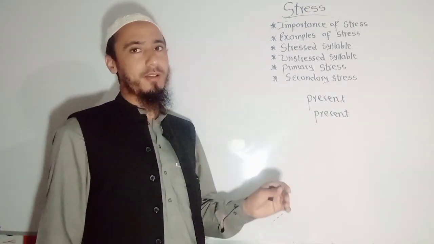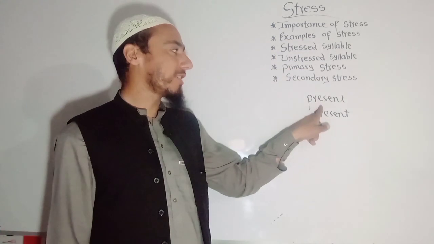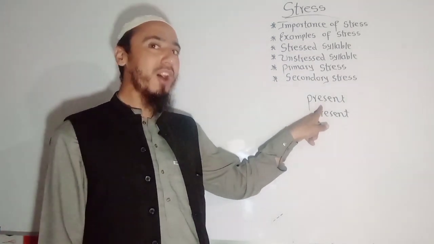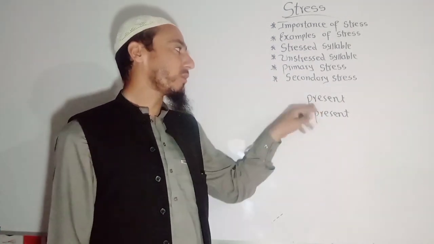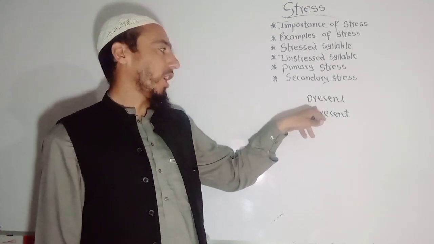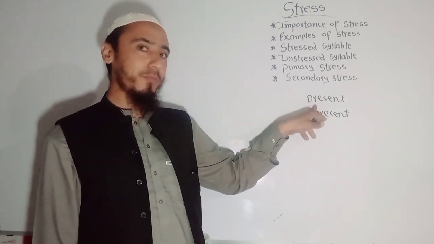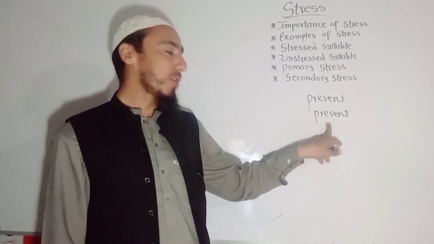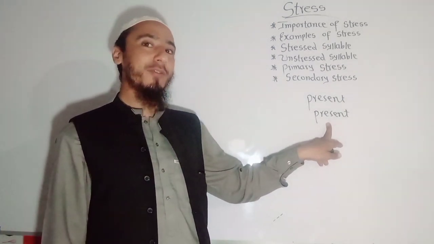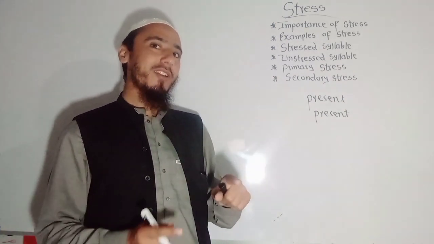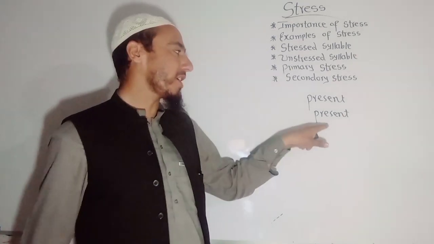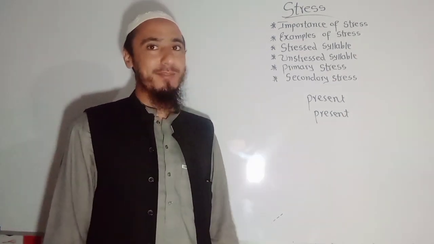For example, if I use this word as a noun, then the stress would be on the first syllable. But if I am using this word as a verb, then stress or emphasis would be on the second syllable.